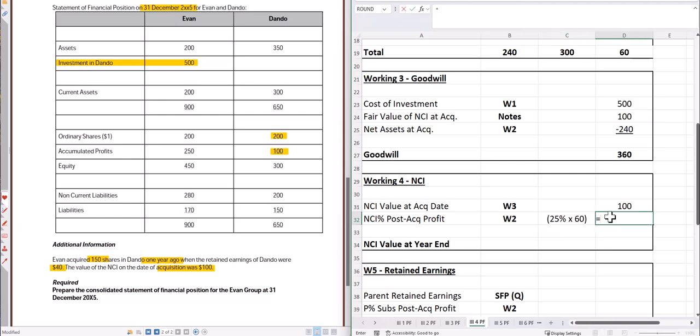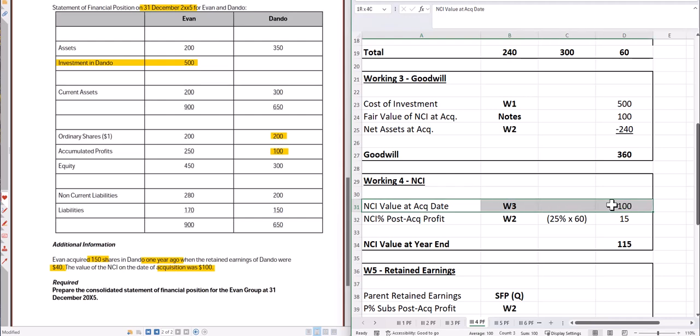So that equals 60 times 0.25, which is 15, which means the NCI at the year end is 115. Okay, so they have the value at the acquisition date, but then we gave them some of the profit. So that means by the year end, it's gone up.